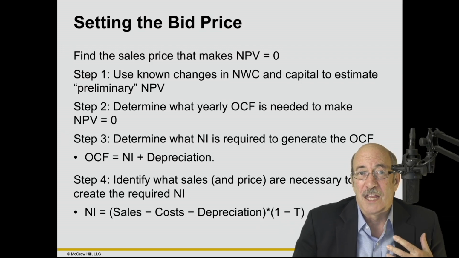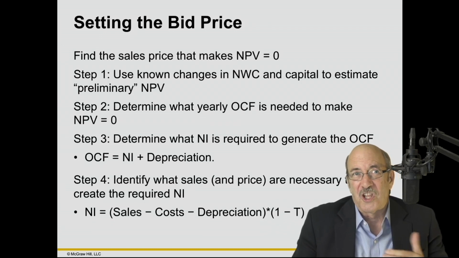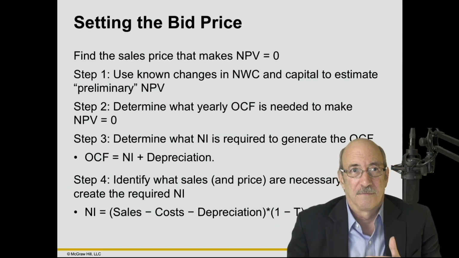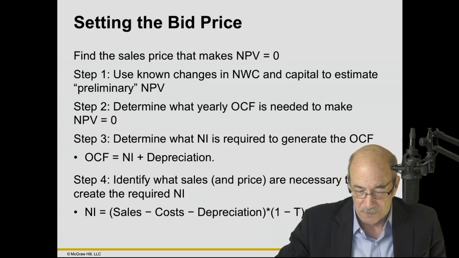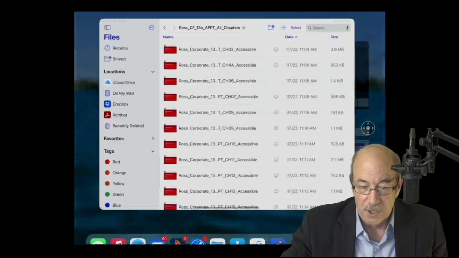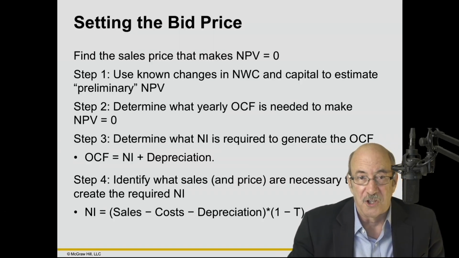At least by going through the capital budgeting exercise like we just did, we can figure out what's the least we could charge. In fact, we could go back to that spreadsheet and figure out what's the least we could charge.